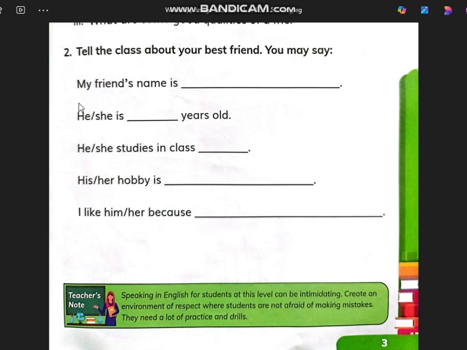So you have to first of all write the name of your friend, then he or she is dash years old, he or she studies in class, whichever class he or she is in, his or her hobby, and I like him or her because. You have to fill these blanks and then you have to read them loud in front of your mother. This is your home task. You have to do it.